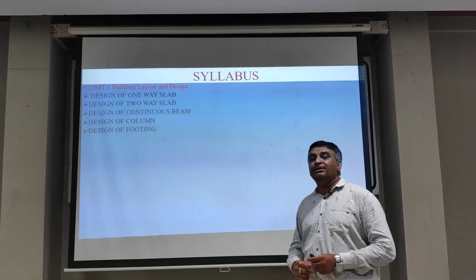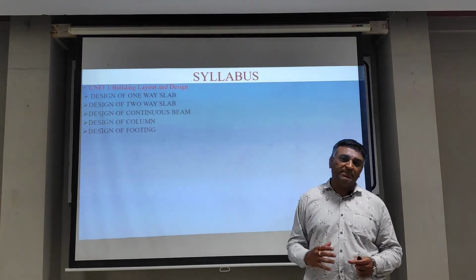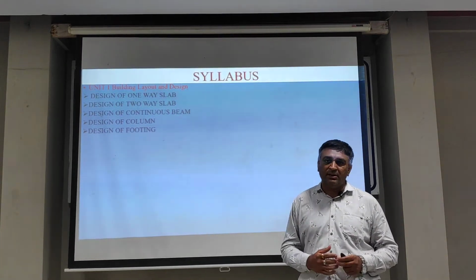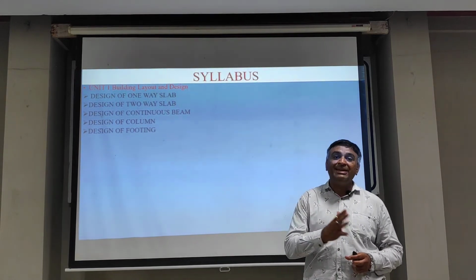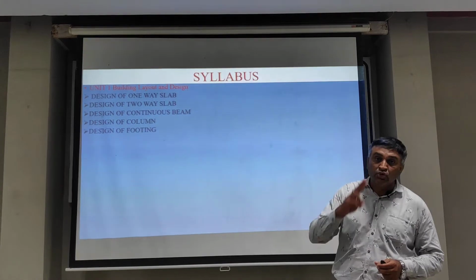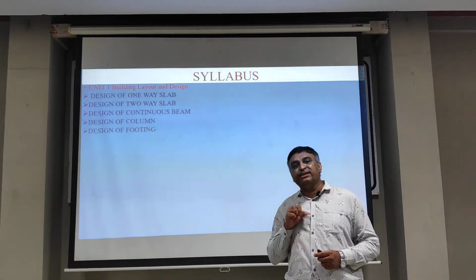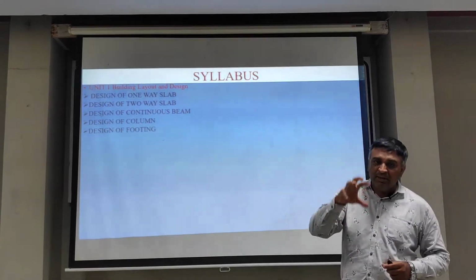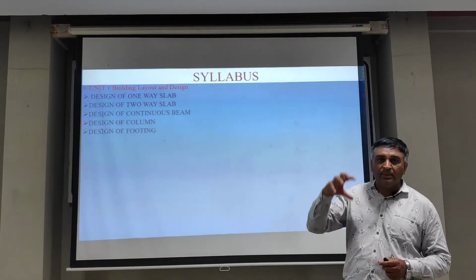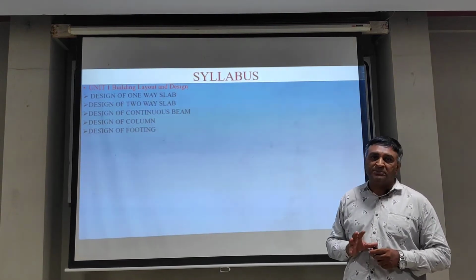Before starting this chapter, you must remember that in the previous semester, your 6th semester, you studied the subject ESD, Elementary Structure Design. In that you studied two parts, RCC and steel. From RCC you learned beam design, slab design, and column design, with every topic in a different unit.